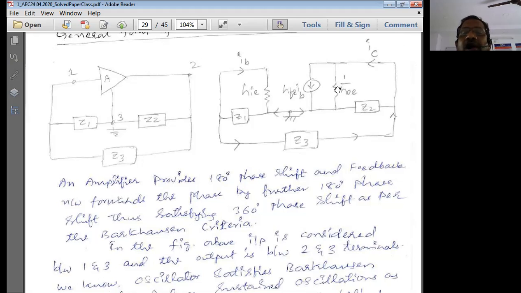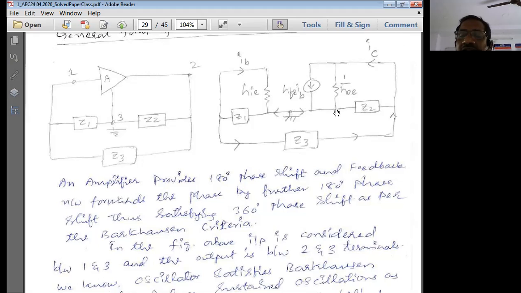Now why is HFE IB written as a current source? In general, what is BJT? BJT is a current controlled current device. If you consider a CE amplifier, the output current IC depends on the input current IB, because IC is equal to beta times IB. That means the output current depends on the input current.